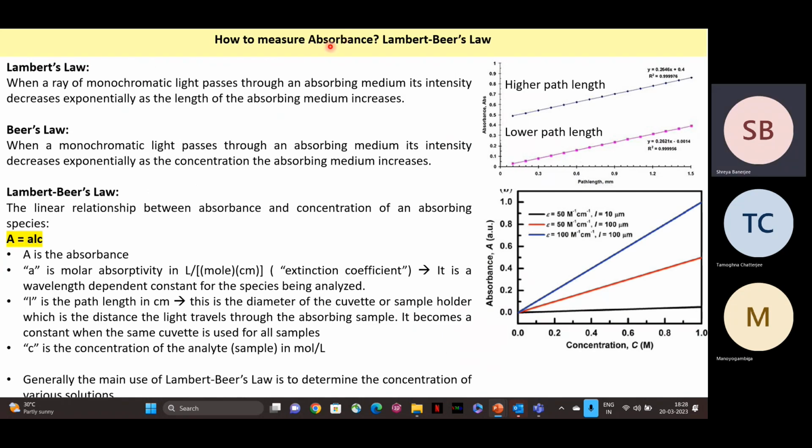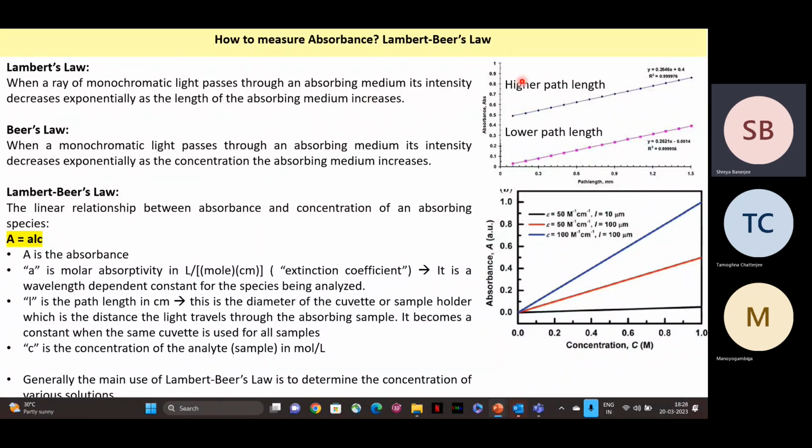So how is this absorbance measured? There is a law called Lambert-Beer's law. Lambert's law states that when a ray of monochromatic light passes through an absorbing medium, its intensity decreases exponentially as the length of the absorbing medium increases.